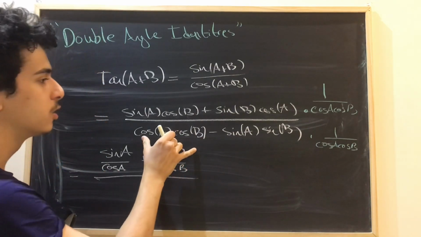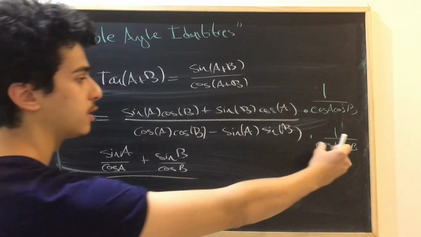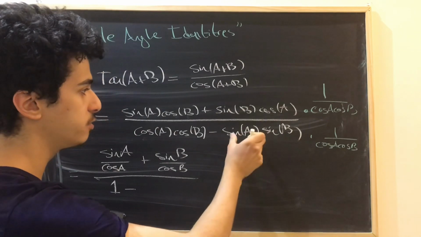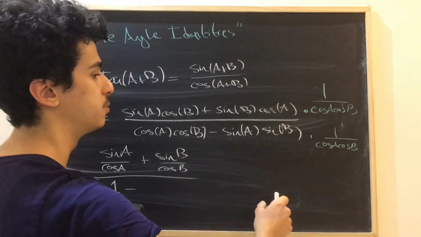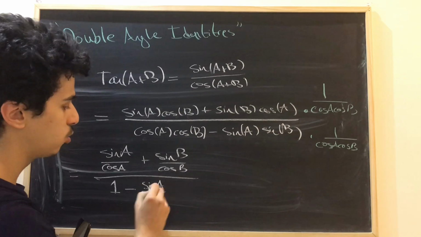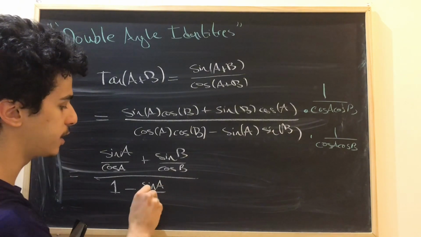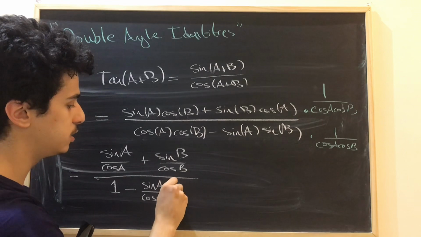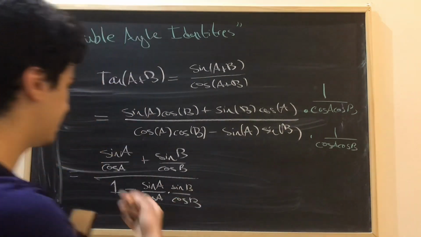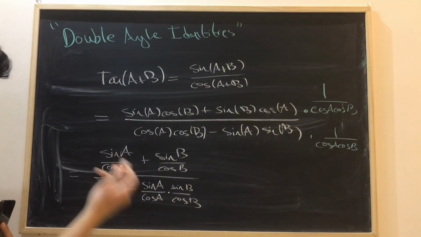Over here, cosine A cosine B and its reciprocal will produce a 1. And here we'll have sine A sine B over cosine A cosine B, and I'm gonna distribute it in a very specific way. I'll put the sine A over the cosine A times the sine B over the cosine B. And as you can see here, this is basically tangent.